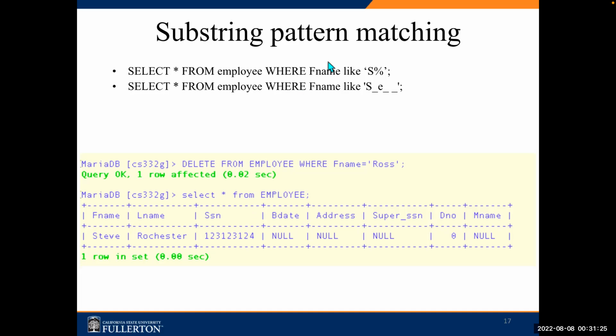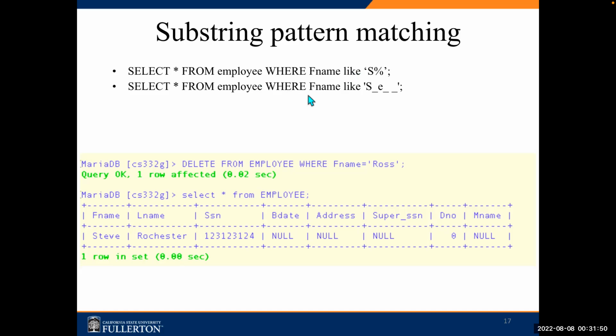So if there was a person with the first name Sam or Steve or Samantha or Shelley, they would all be selected or appear as a result of the select query here.